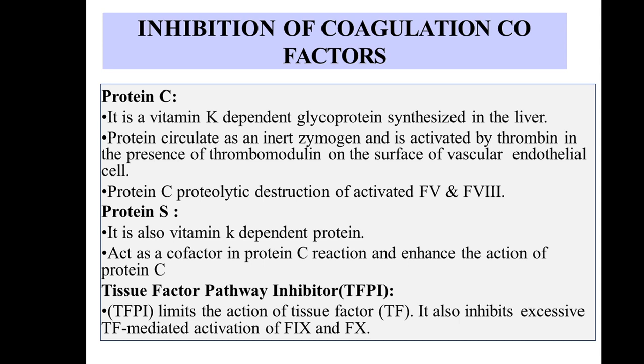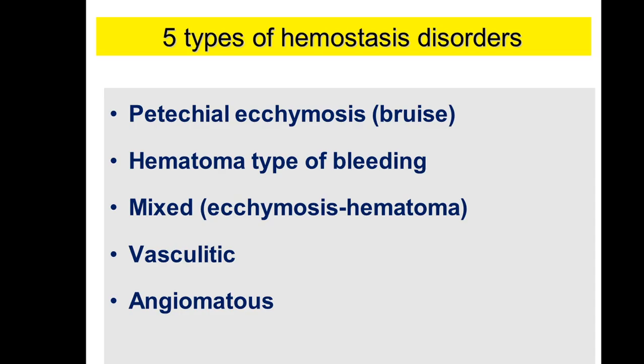Protein S is also a vitamin K dependent protein, acts as a cofactor in the protein C reaction and enhances the action of protein C. Tissue factor pathway inhibitor limits the action of tissue factor. It also inhibits excessive tissue factor mediated activation of 9th and 10th factors.